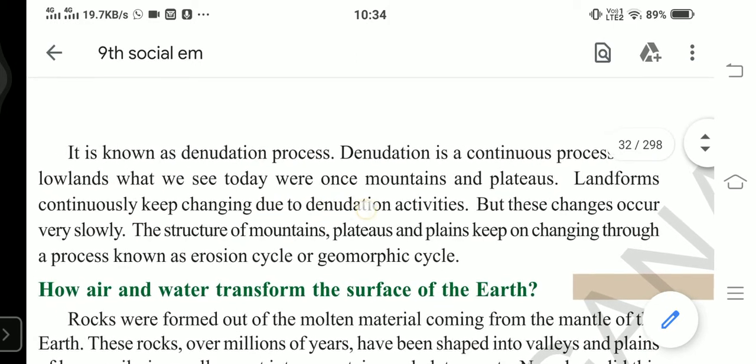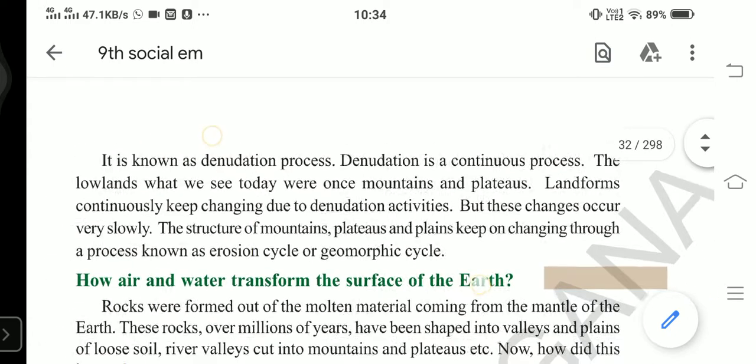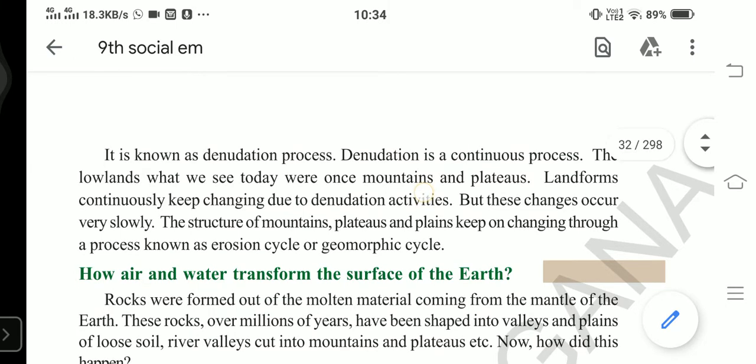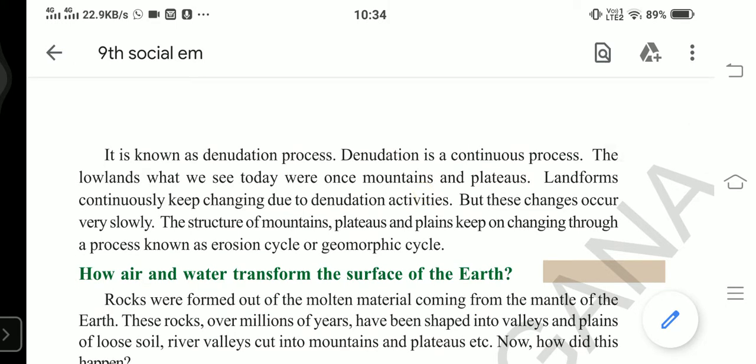Understand? So here we see that the lowlands, whatever we see today, were once mountains and plateaus. One example I want to share with you, my dear students. Have you identified that on the western part of India there are the Aravali mountains, right?